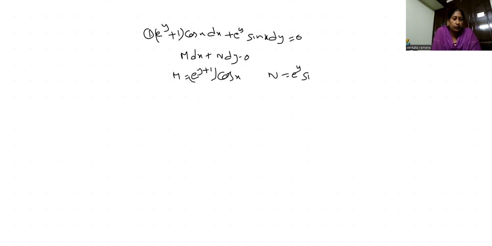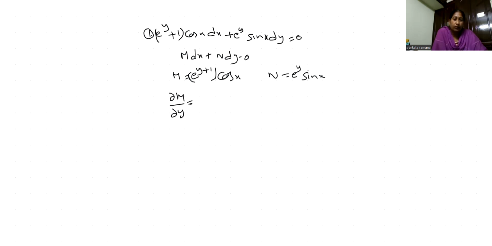So we have to do the partial derivative, that is, ∂M/∂y. In a partial derivative, we differentiate with respect to one variable, treating that as the only variable and all the remaining ones as constants. So we differentiate with respect to y, treating y as the variable and the rest as constants.